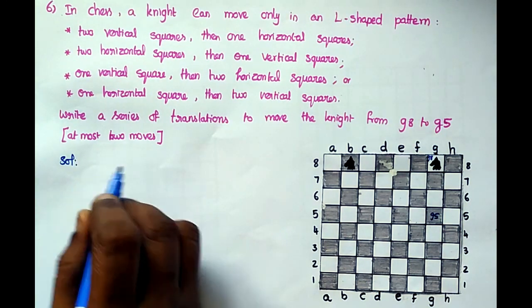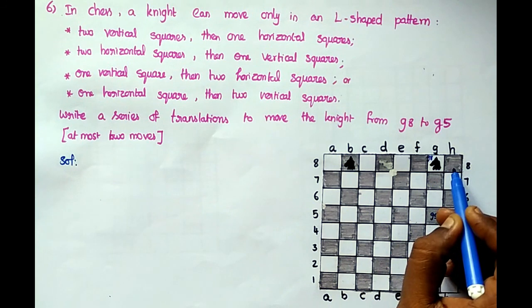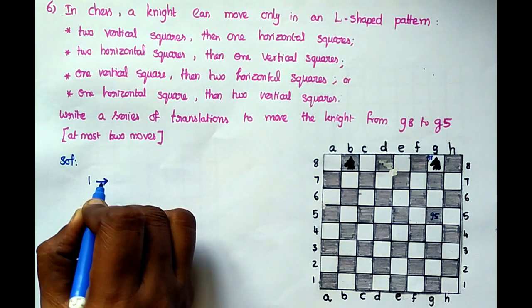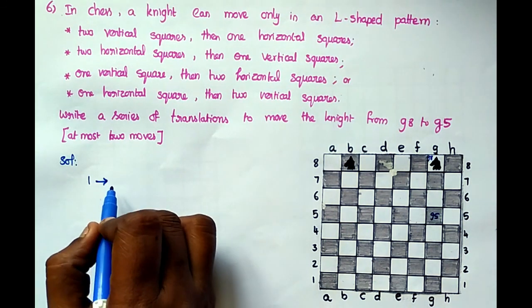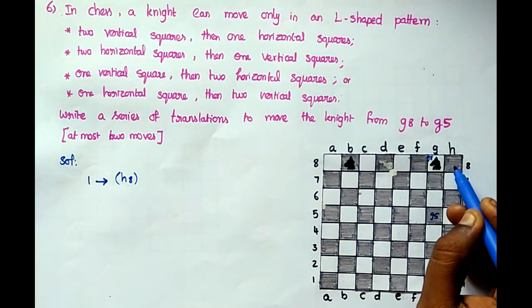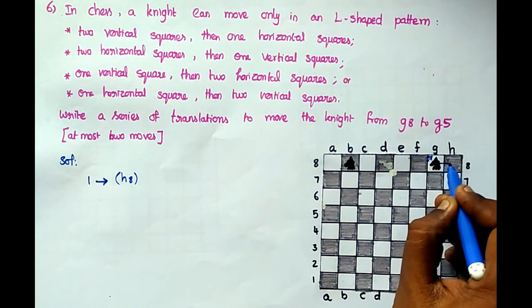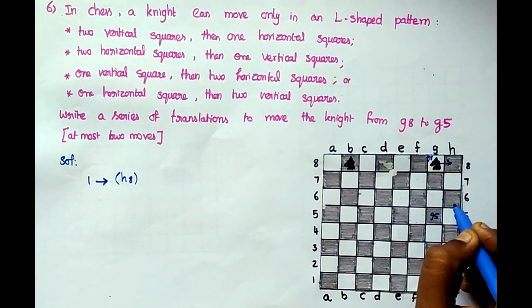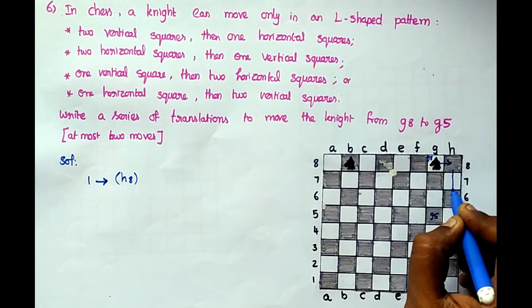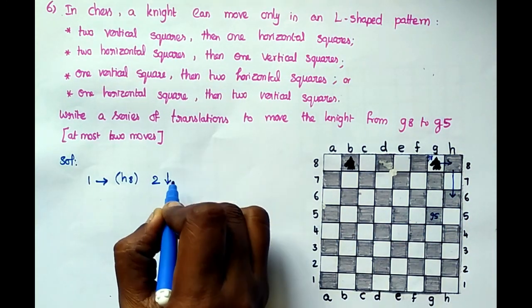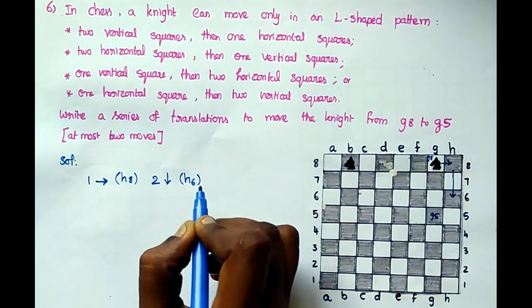First, move to H8, one move right side. It is H8. And then from here, two moves downwards, that is H6.